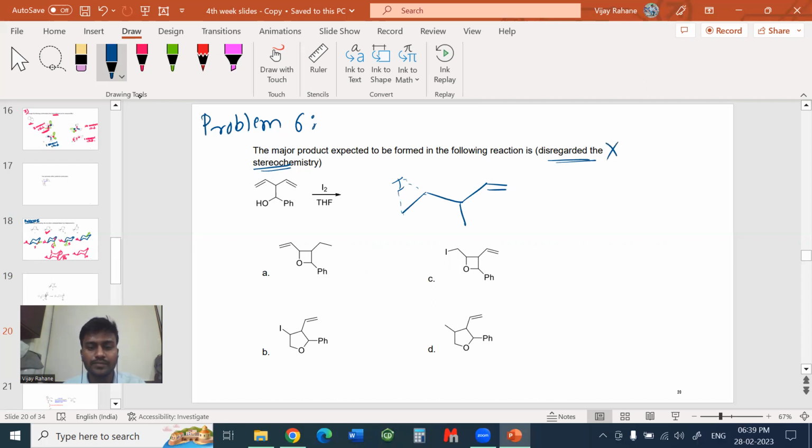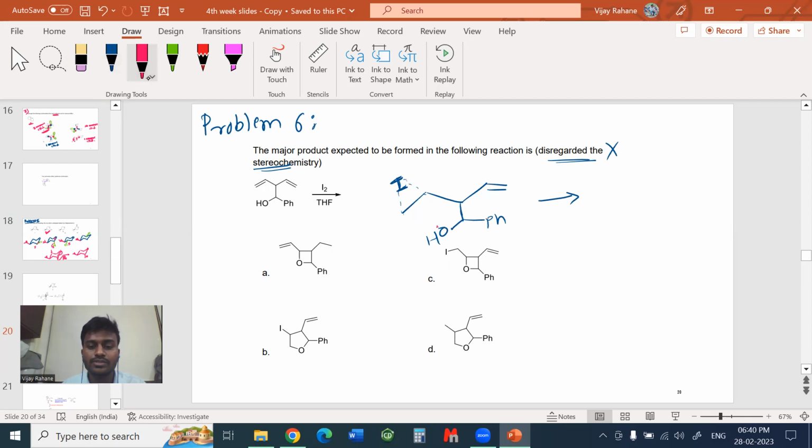So both are equivalent, right? So we'll take this side, this one, right? So what are the possibilities to get the product from here?